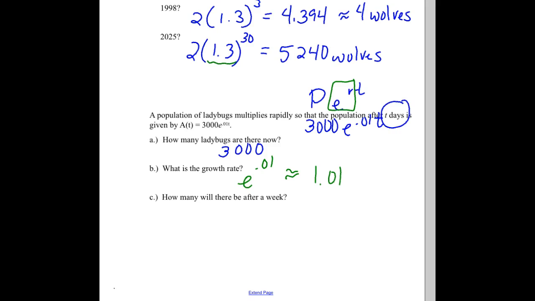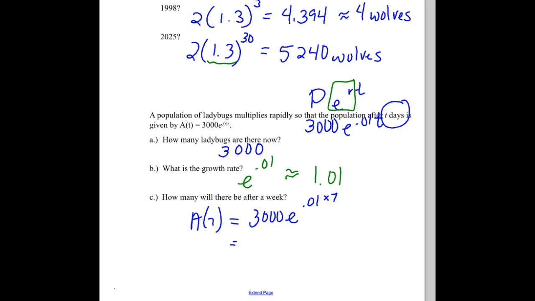Yep. So how many ladybugs are there after 7 days?